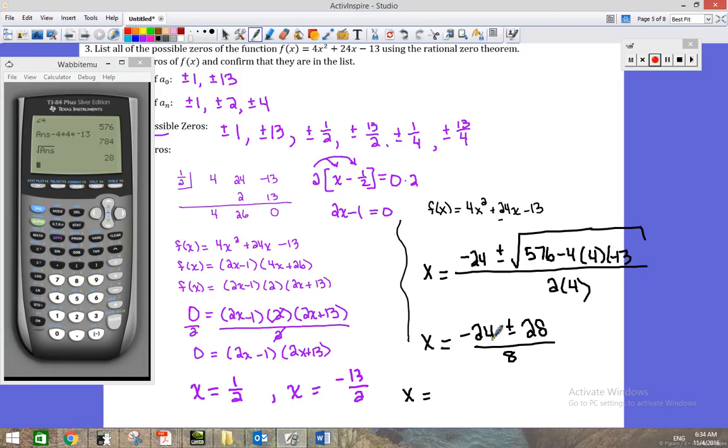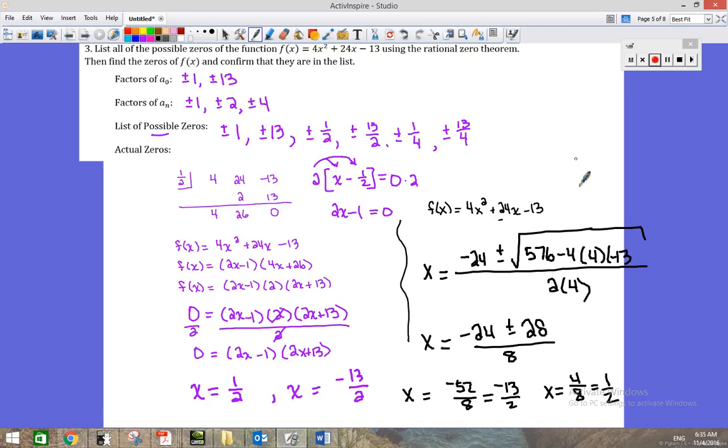So when we subtract, negative 24 minus 28 gives me negative 52, and 4 divides both of those. And then if I use addition, 28 minus 24 is 4, and 4 over 8 reduces to 1/2. So even with this quadratic equation, had I used the quadratic formula, I still would have gotten those same x-intercepts. Alright, so I hope that helps.